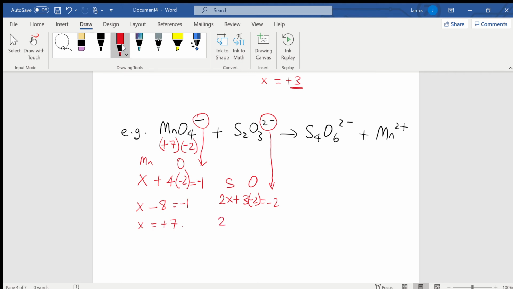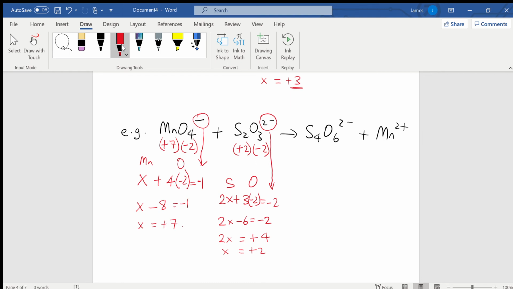So I've got 2x minus 6 is -2. I can add 6 to both sides, so 2x is +4, or x, if I divide by 2, x is +2. So +2 for sulfur, -2 for oxygen.